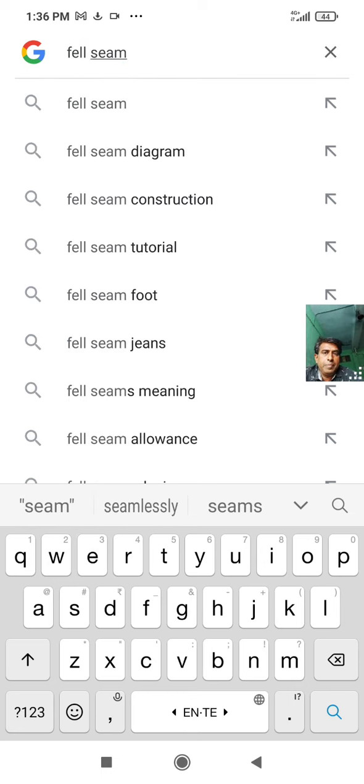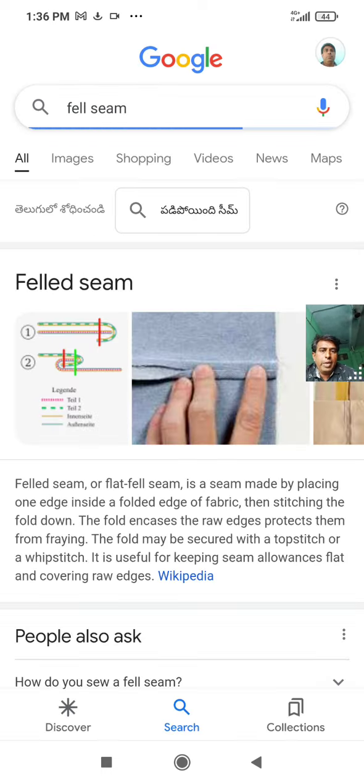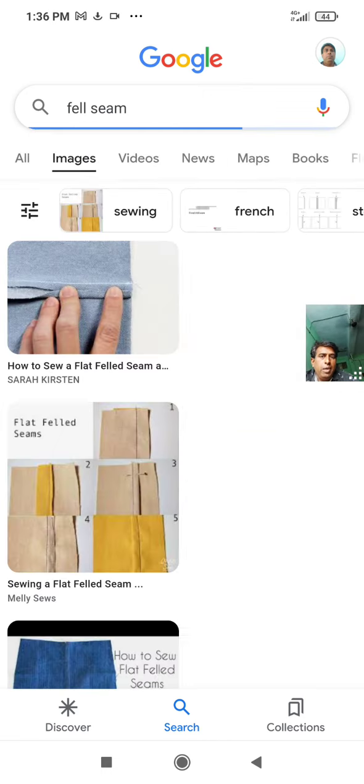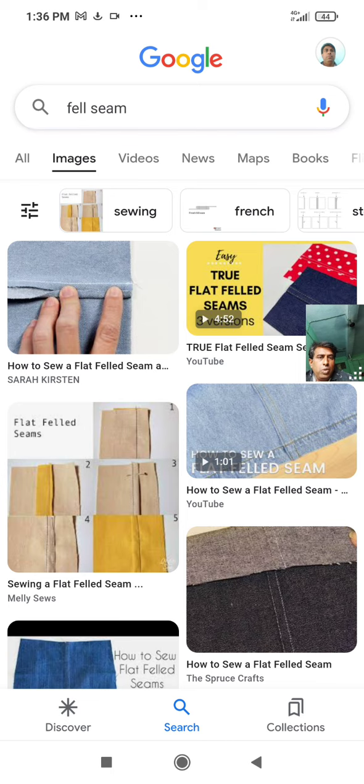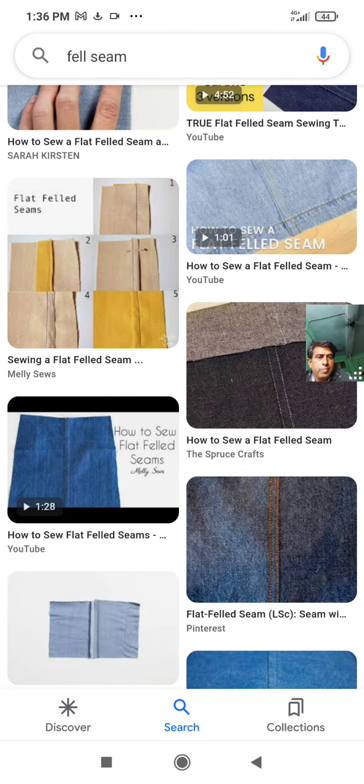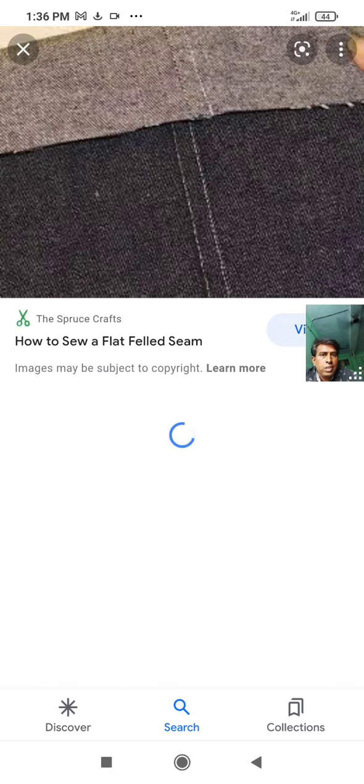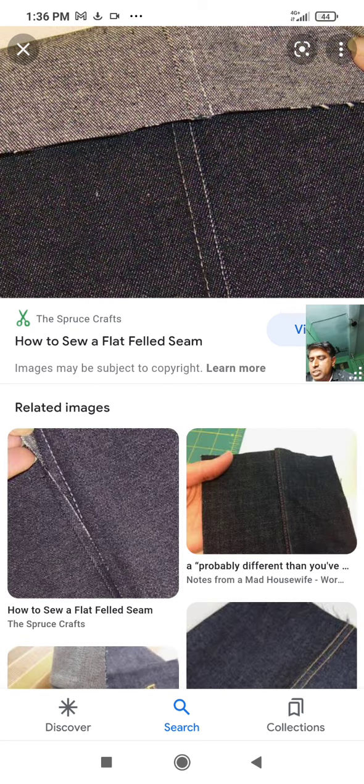Fell seam. I read it so many times but I forget because I have not studied it in my BTech days. So that's why I forget all these things. So this is fell seam. So this is seam.